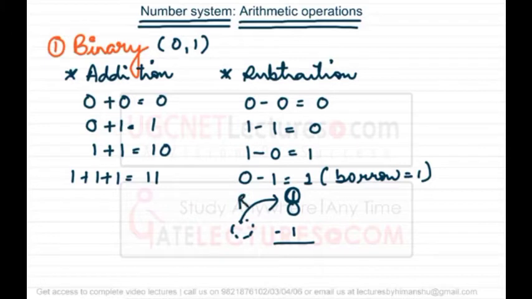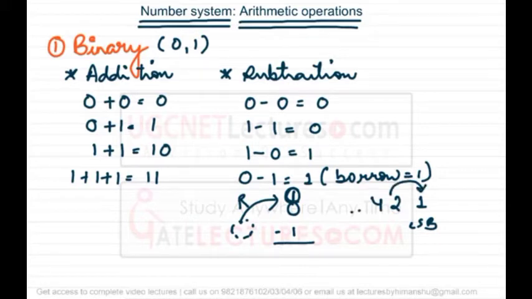The LSB in binary number system represents 1. The next digit represents 2, then 4, and so on. So if you are going to borrow this, it represents 2.